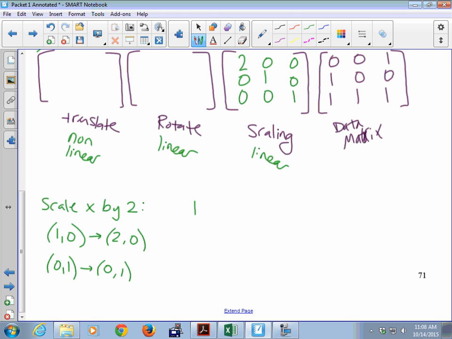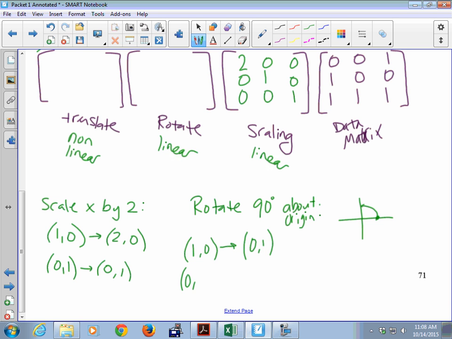All right, and then the standard matrix for rotate 90 degrees about the origin. Same thing: I have to know where 1, 0 goes. If you rotate 90 degrees, you can just draw a little picture, right? 1, 0 will land at 0, 1.